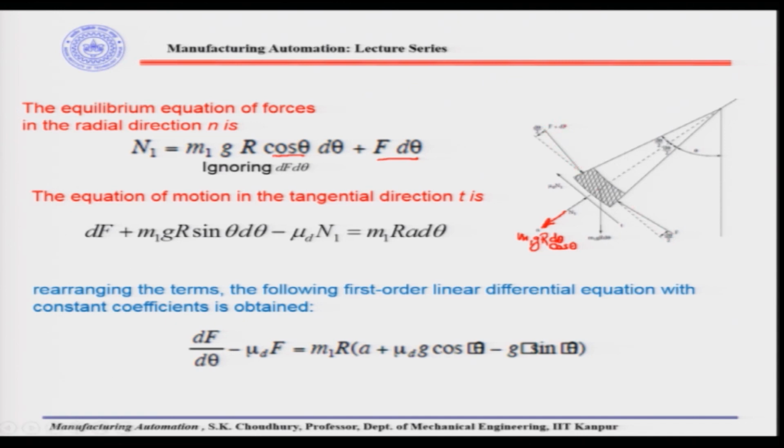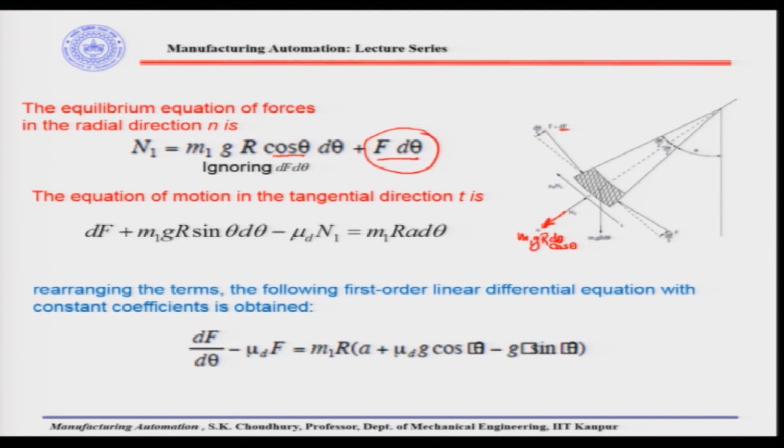So, if we ignore dF and the d theta, which is a very small value, then we will have F d theta by 2 plus F d theta by 2. So, this will be F d theta, and this direction will be along the direction of the m1 g r d theta cos theta. Therefore, these two signs are the same, N1 sign is opposite.